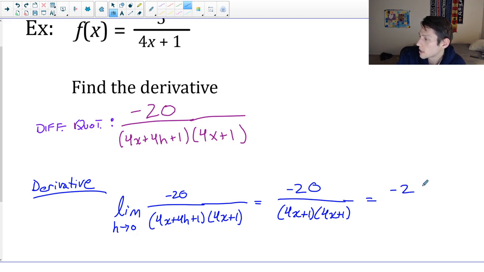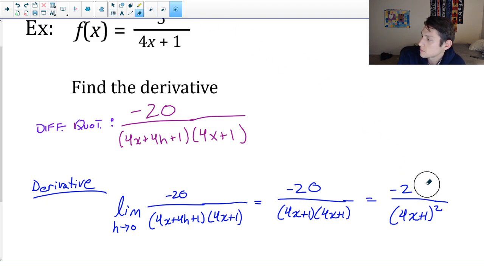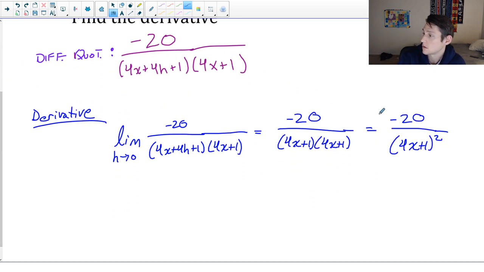Or another way of writing that, 4x plus 1 squared. Okay, so there's the derivative.